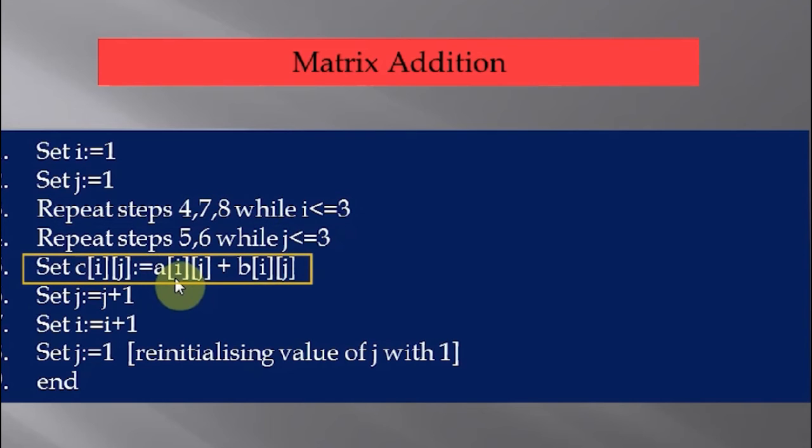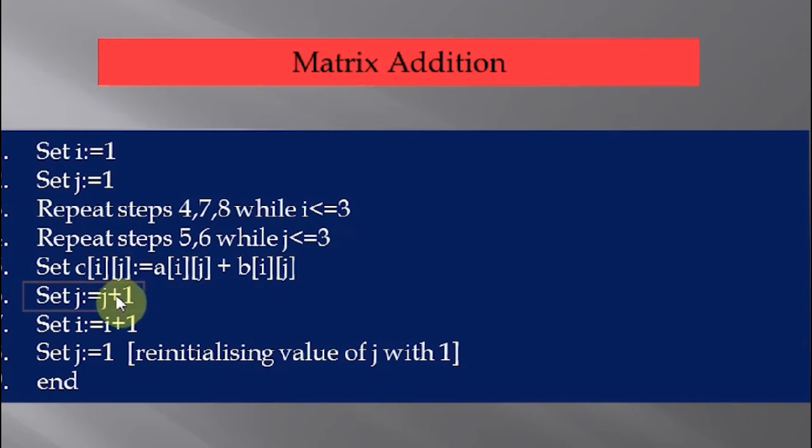The value of i is still 1, and j has been upgraded to 2. So this is A12 plus B12. That is, the element of matrix A at first row, second column will be added with the element of B at first row, second column. Both corresponding elements will be added and the result will be put into C12, right?